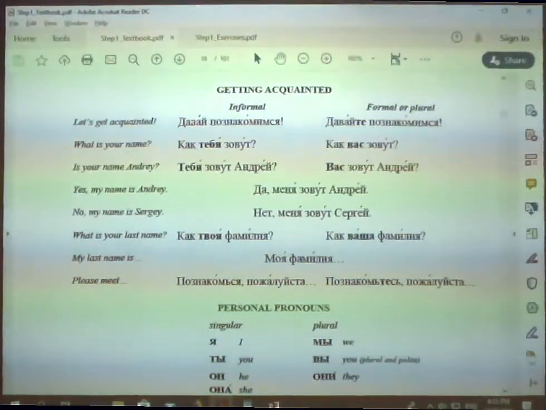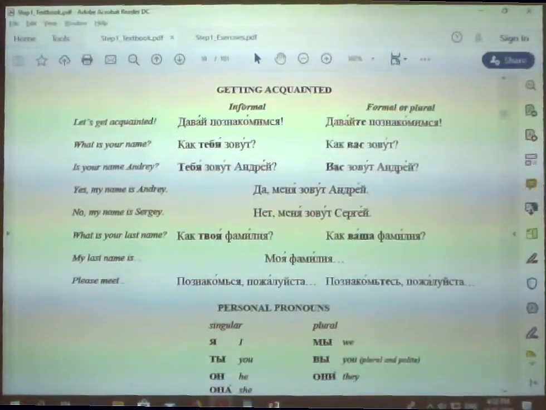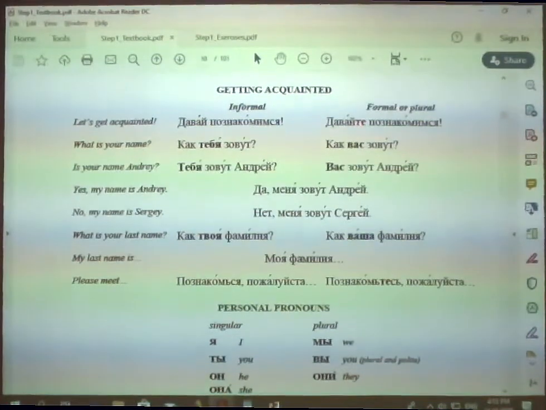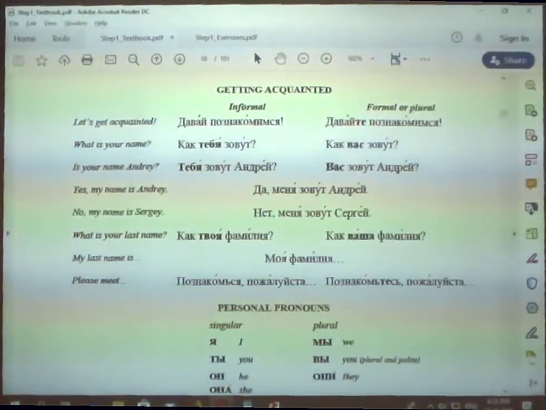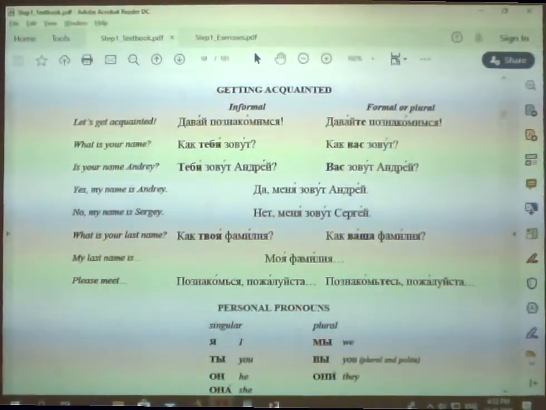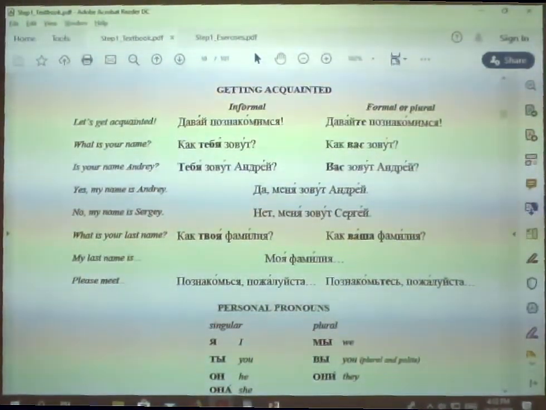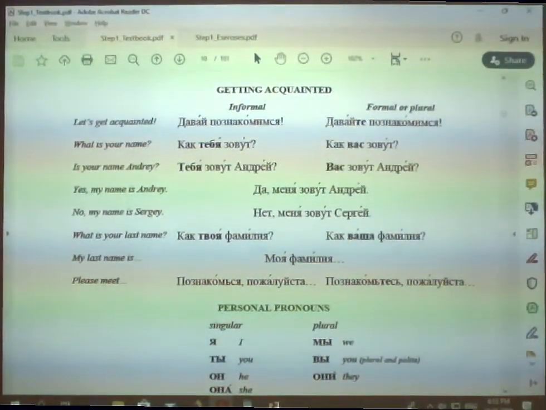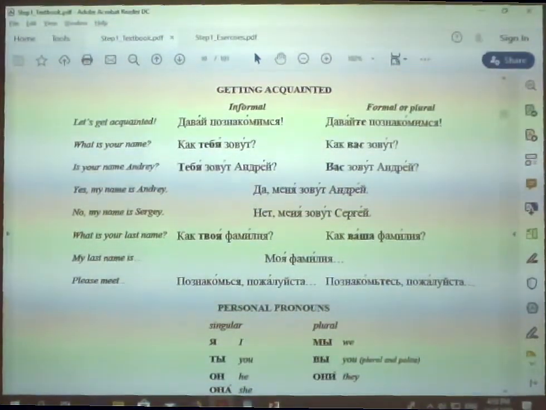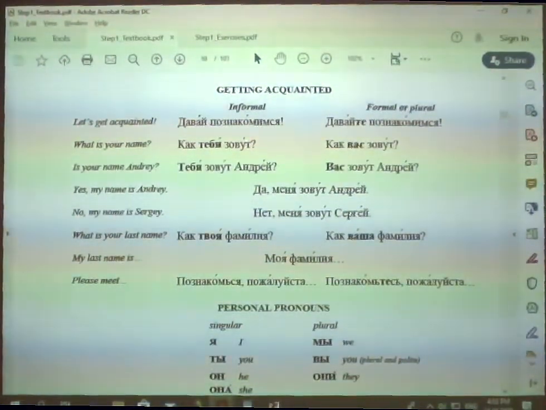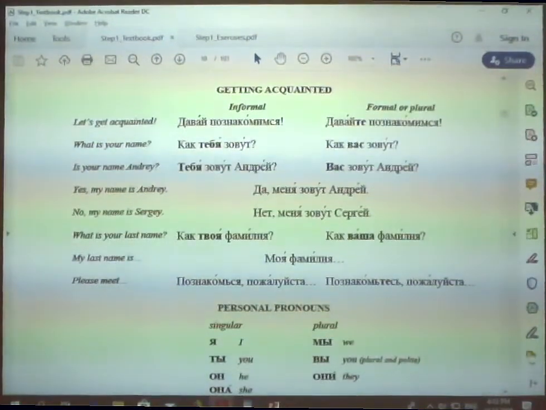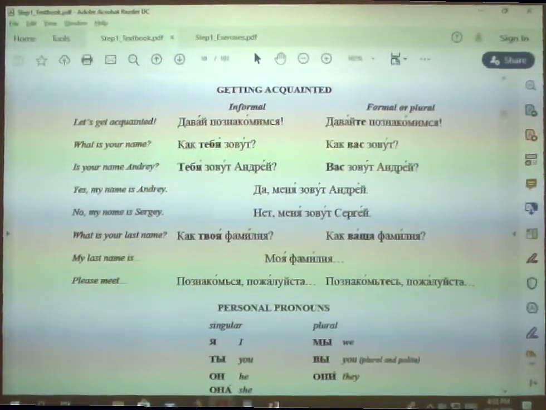Let's по-русски давай or давайте. So you add те when you make this phrase formal. It's exactly the same like when you say извини, извините. Давай познакомимся, давайте познакомимся.